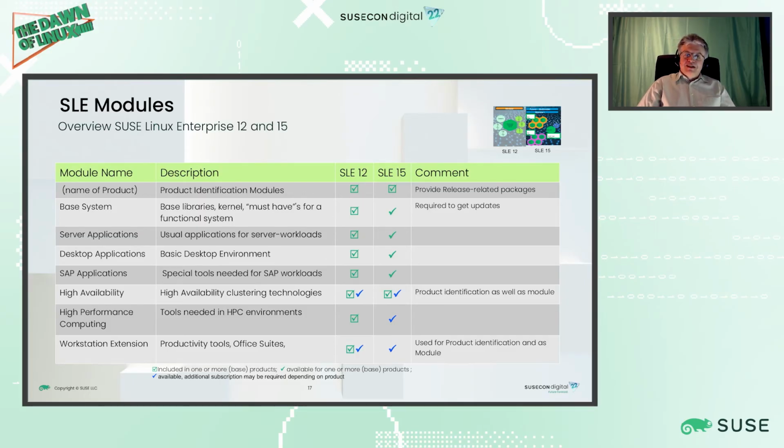They are not identifiable as a module or in the module name that you see here, but that's then different on SLE 15. You have here also a few special types of module, the high availability and the workstation extension, for example. Those exist as modules, but also as a product because they are extensions that are available with an extra registration code on top of several base products.